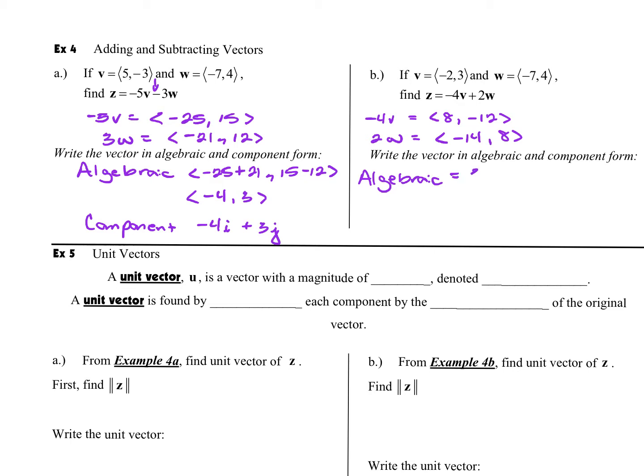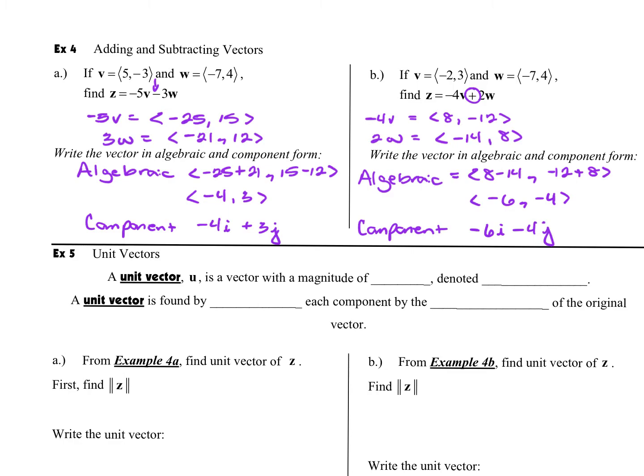On our algebraic vector, we're just going to add those. Our problem says we're going to add them. So we're going to have an 8 minus a 14 and a negative 12 plus an 8. That's going to give me a negative 6 and a negative 4. So that's going to be our algebraic vector. Our component form, because we want to be comfortable with both forms, is going to be a negative 6i minus 4j.